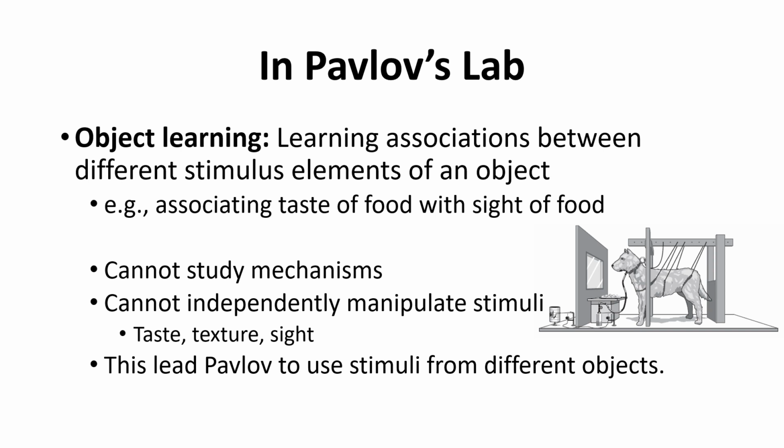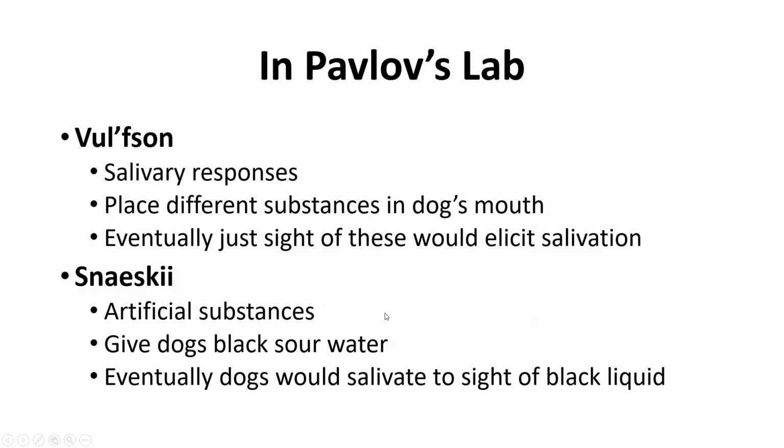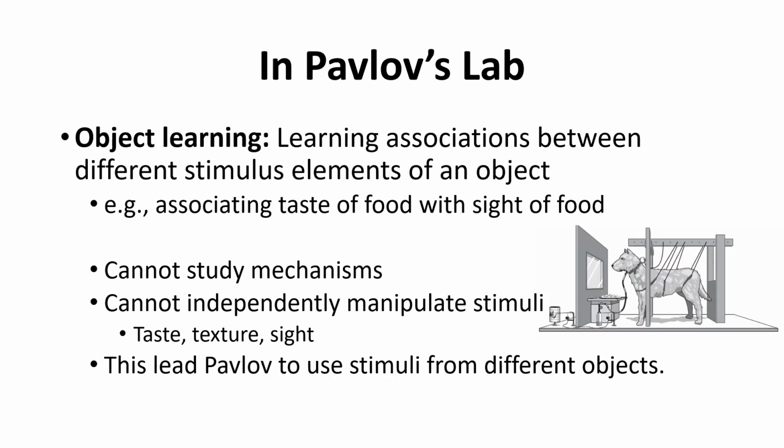Now, this can actually be fairly problematic. If we're looking at, for example, here, say our sour black water or even our wet or dry food, we have this problem where you can't disengage or differentiate between visual stimuli and smell stimuli and taste stimuli and texture stimuli because they're all coming from the same object.